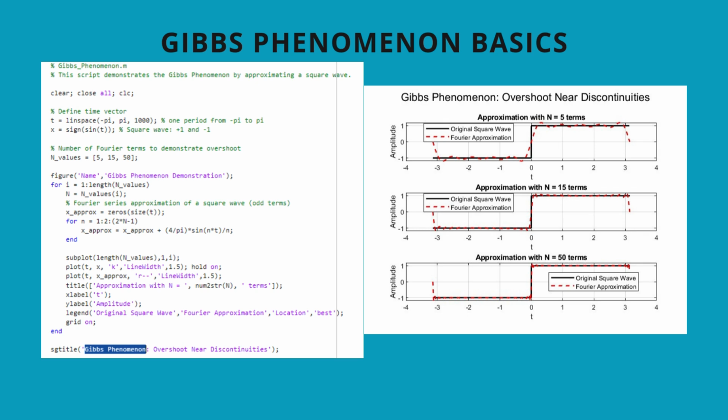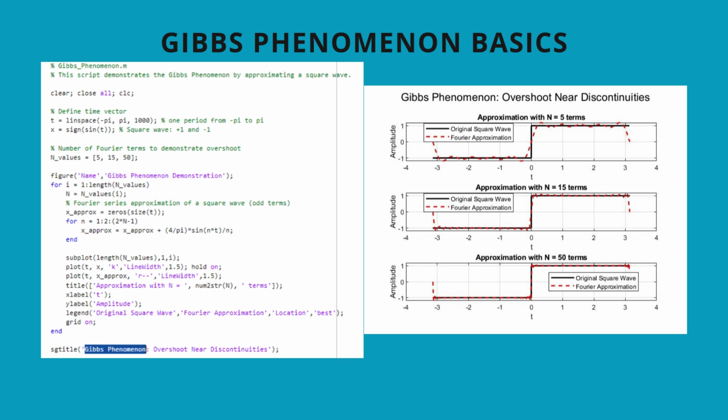That's the Gibbs overshoot. It does not shrink to zero, no matter how many terms we add. This phenomenon reminds us that a finite sum of sinusoids cannot perfectly replicate a sharp transition. Instead, it creates a sort of ringing artifact right at those discontinuities.